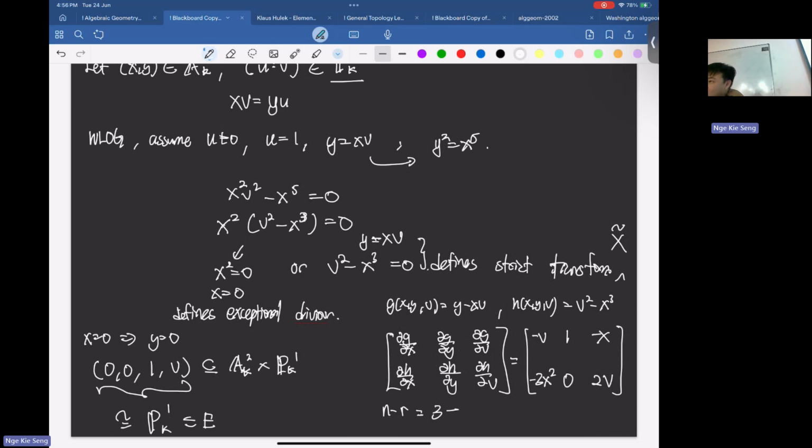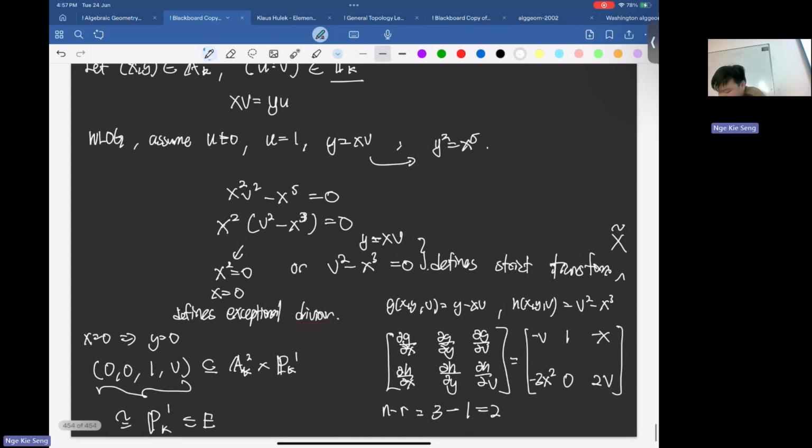This is still a curve inside A^2 times P^1, right? So the dimension is... nobody answers. No, that's 2. Okay.